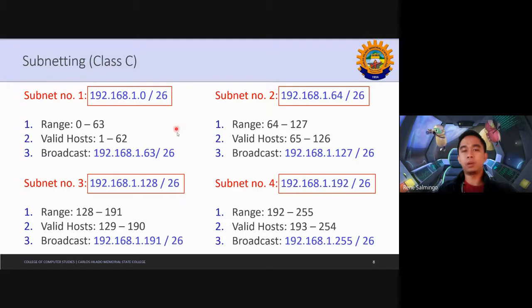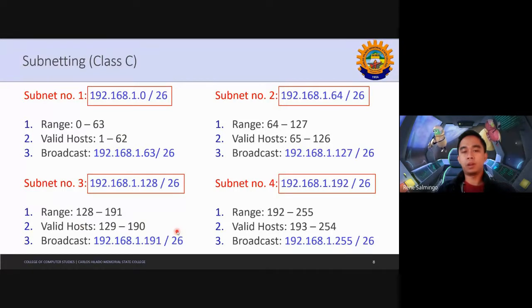These two are not being used. That's why your valid hosts will run from 1 to 62, because 0 and 63 are used inside the range. The same applies to the other subnets.